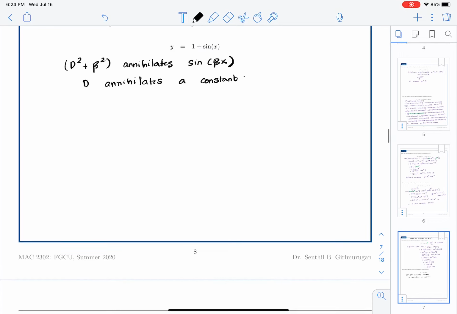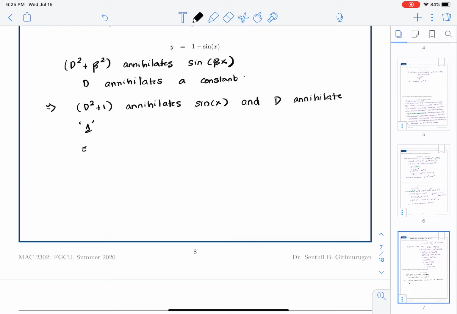So, by looking at it, D squared plus 1 annihilates sine x, because beta is 1, and D will annihilate 1. Now, should we add, should we multiply? We have to multiply.